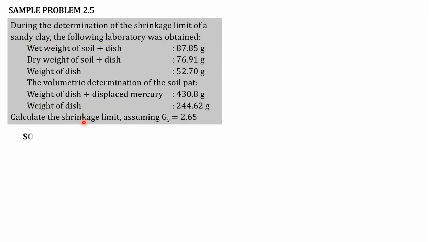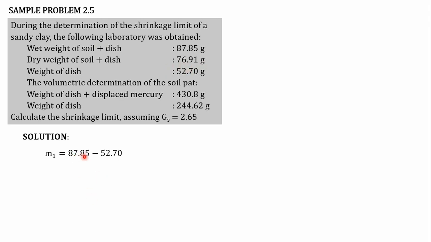Okay, so una tayo, ito yung ating solution, class. Unahin natin yung weight ng wet soil, class. Okay, weight of soil. So M1, ito yung ating initial mass, class. M1 is equal to 87.85 minus natin sa weight ng dish. Kasi yung 87.85 may dish ito. So, minus natin sa dish na yan.